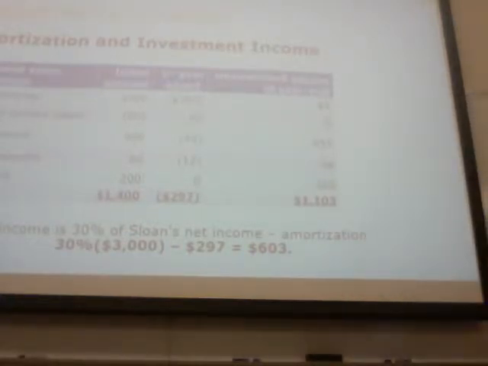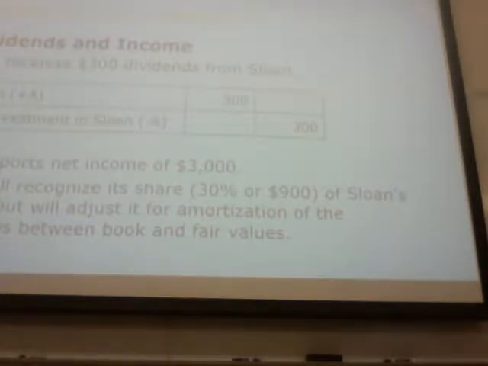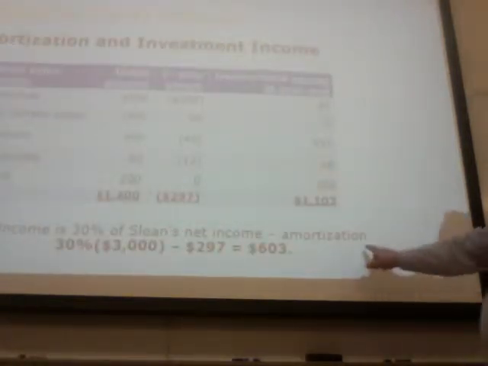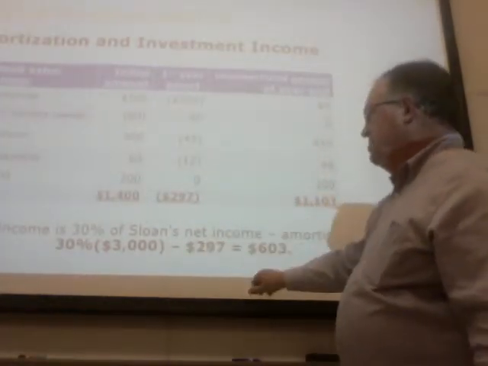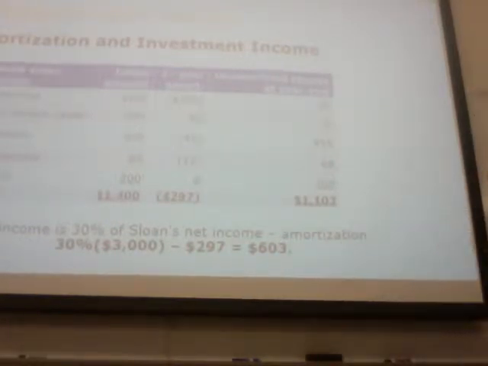That was unclear in the previous slide. 900 is 30% of Sloan's share. 30% of 3,000 is 900, minus 297 is 603. 603 is the income that Payne's going to recognize from Sloan this year.